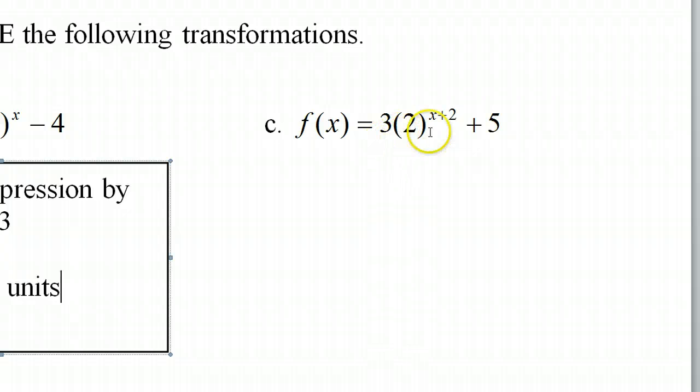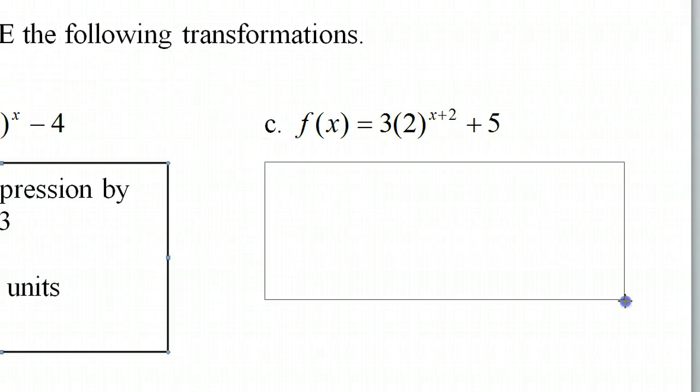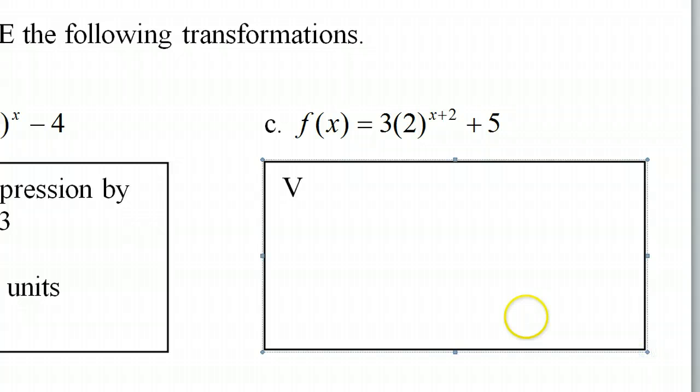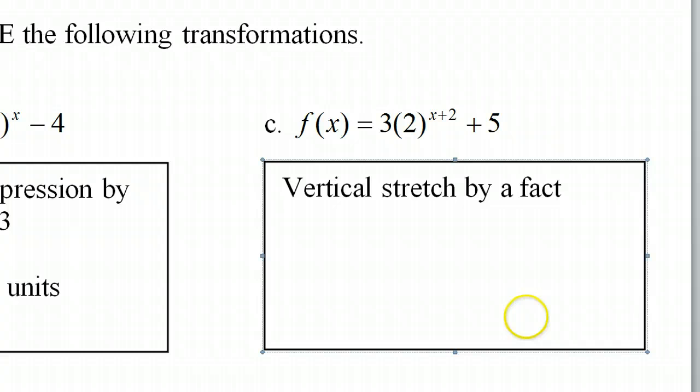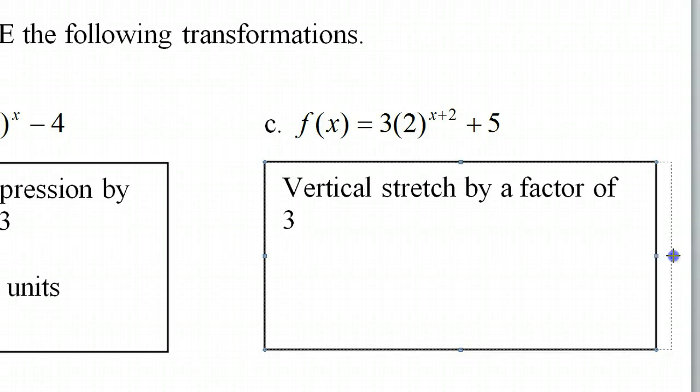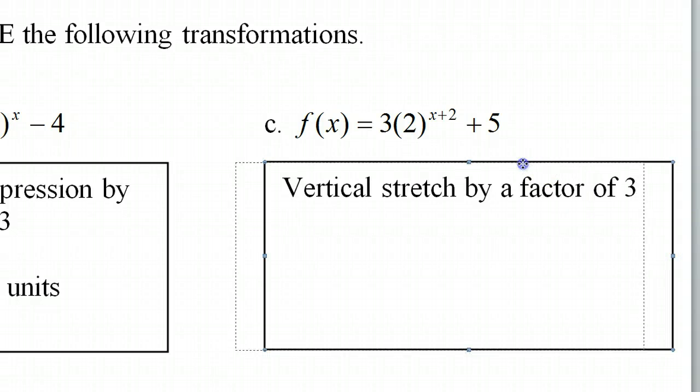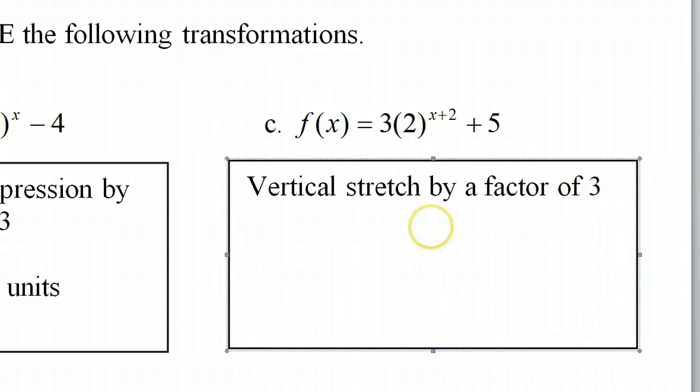Alright, similarly, we have this a value here again. Because it is bigger than 1, this is going to be a vertical stretch by a factor of 3. Aw, it needs to fit. Okay, vertical stretch by a factor of 3.